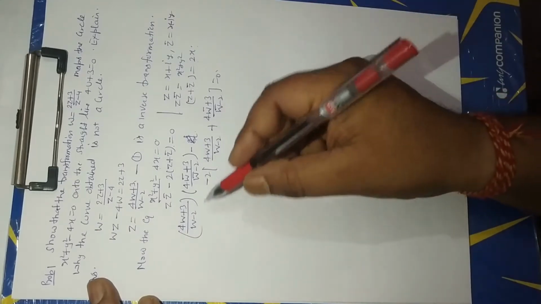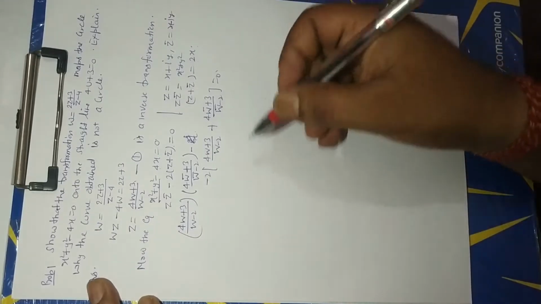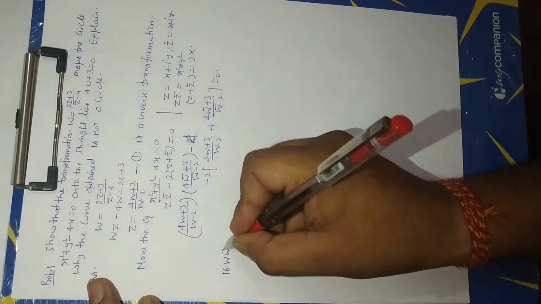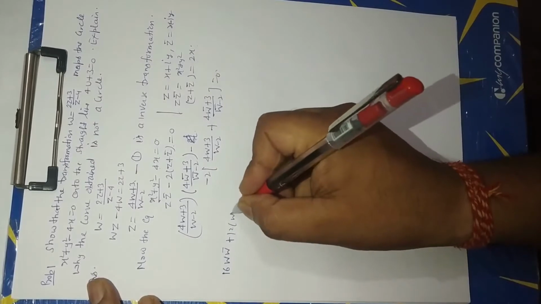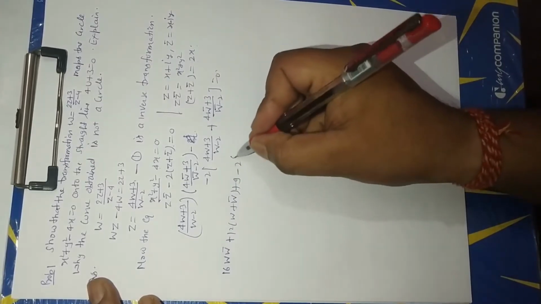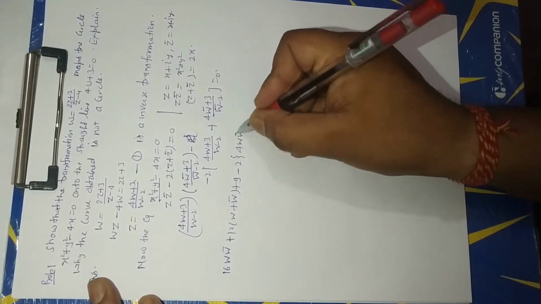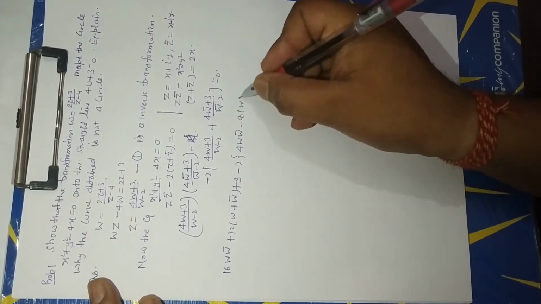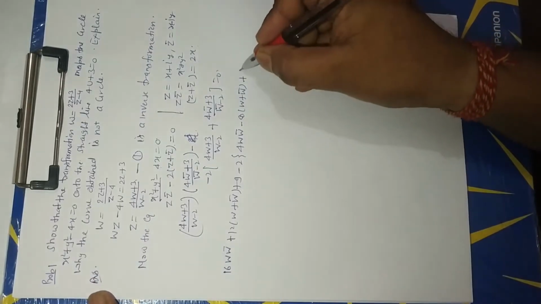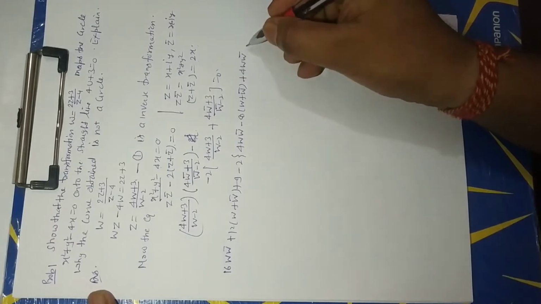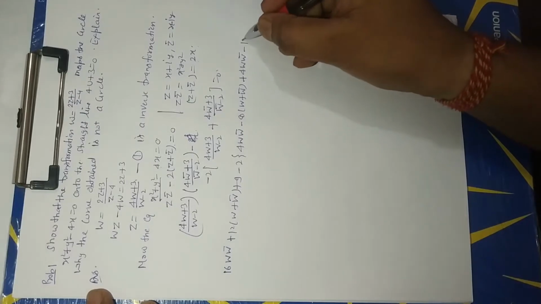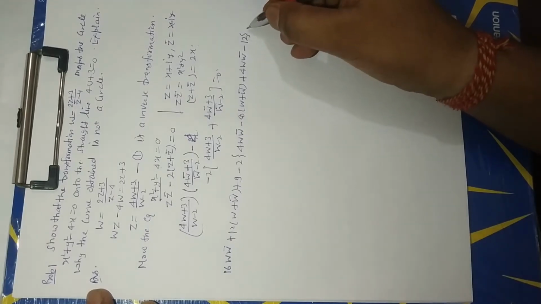Now taking LCM and multiplying this, we get 16 w w bar plus 12 w plus 12 w bar plus 9, minus 2 times 4w bar, 8w plus w bar, plus 4w w bar, minus 12, this is equal to 0.